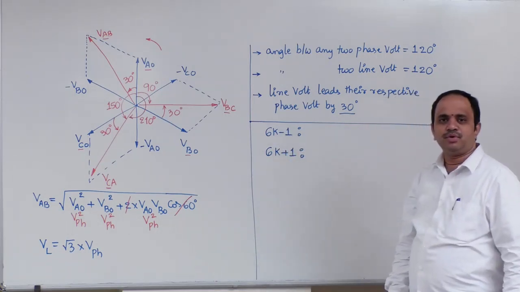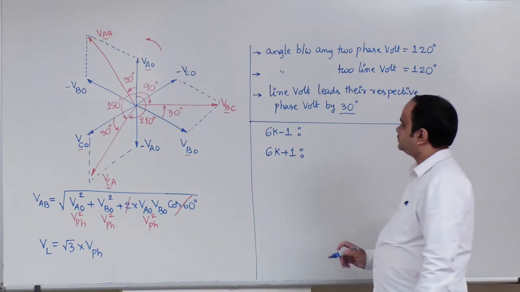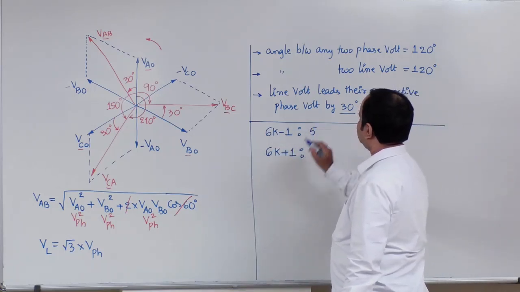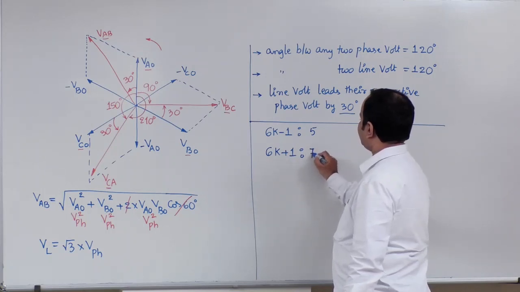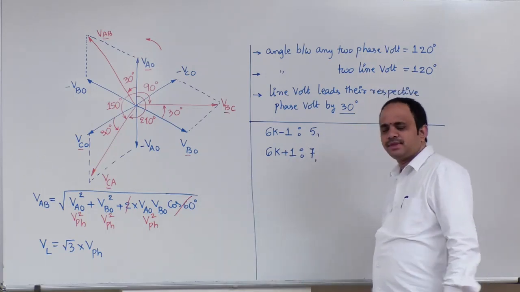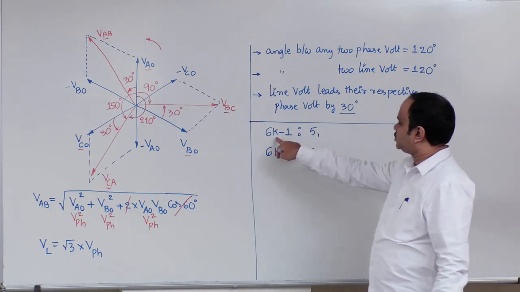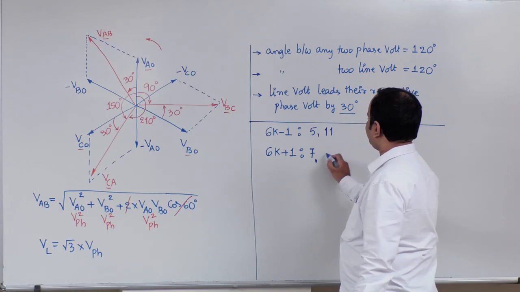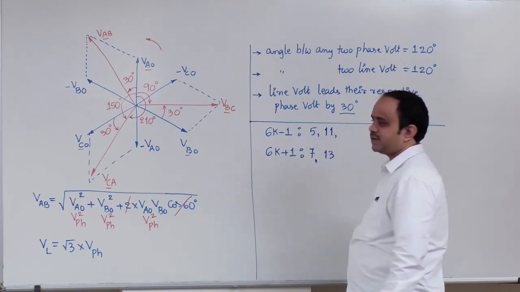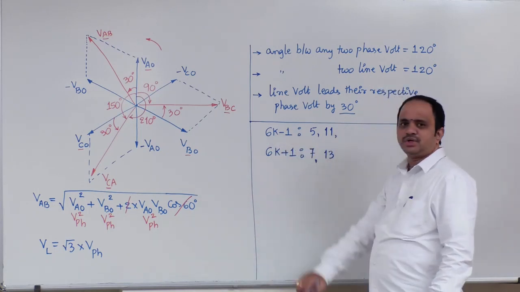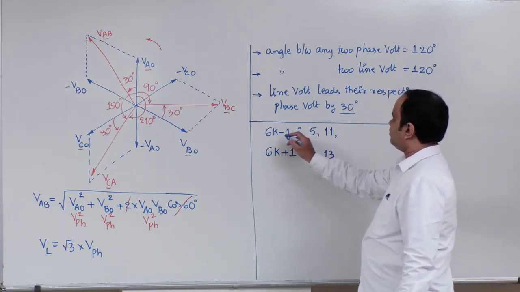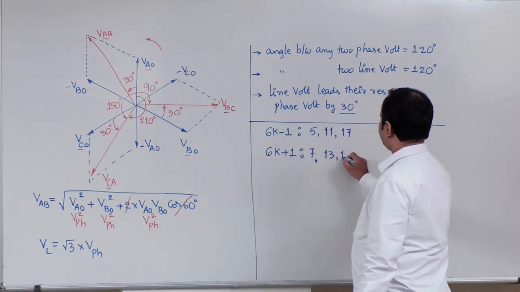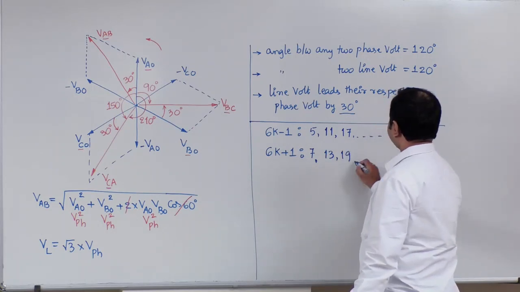Suppose k is equal to 1, what are these numbers? 6 minus 1, that is 5, 6 plus 1, that is 7. Next, suppose k is equal to 2, 12 minus 1, that is 11, 12 plus 1, that is 13. Suppose k is equal to 3, 18 minus 1, that is 17, and 18 plus 1, that is 19, and so on.